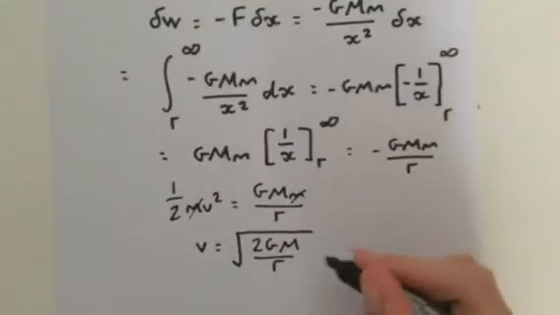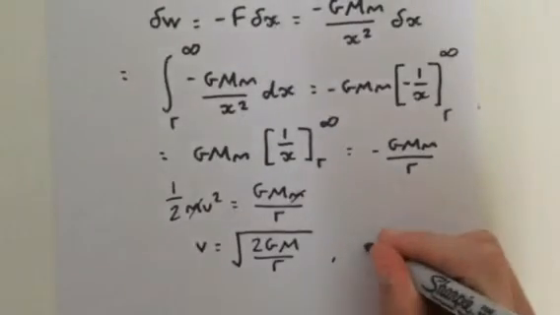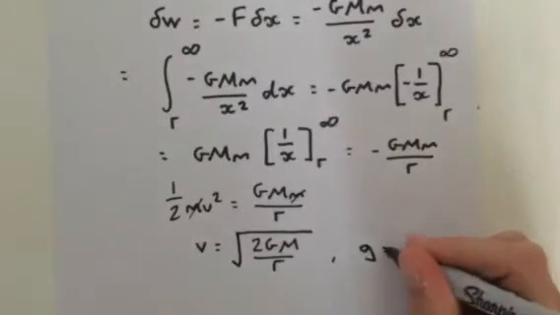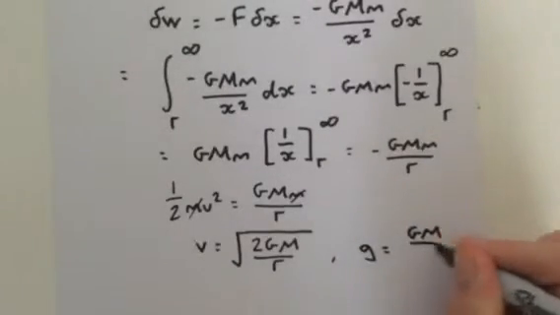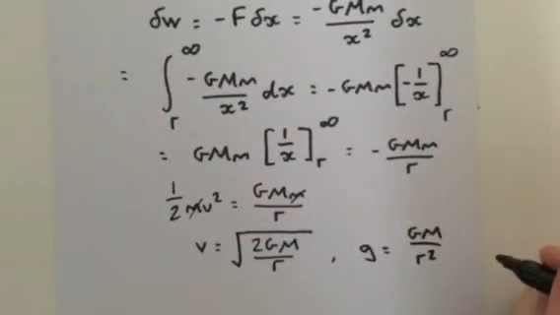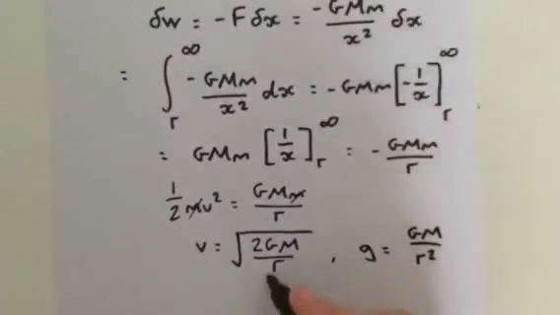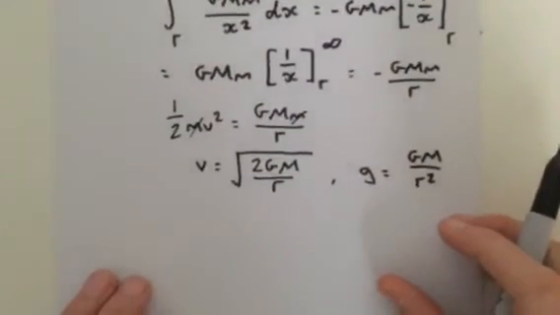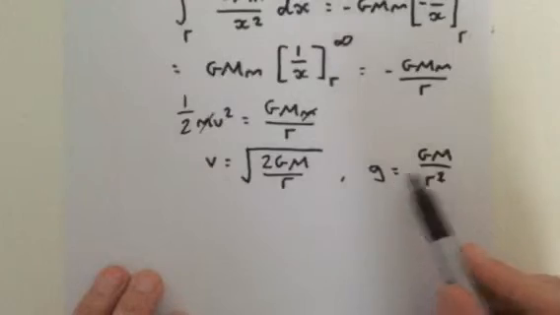As we know, our simple equation g, which is 9.81, is equal to GM over r squared. So GM over r in our velocity equation, we can substitute for g.